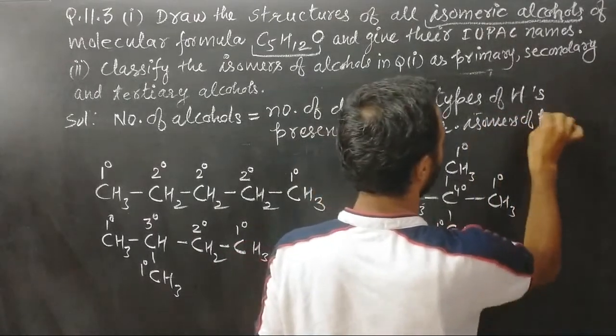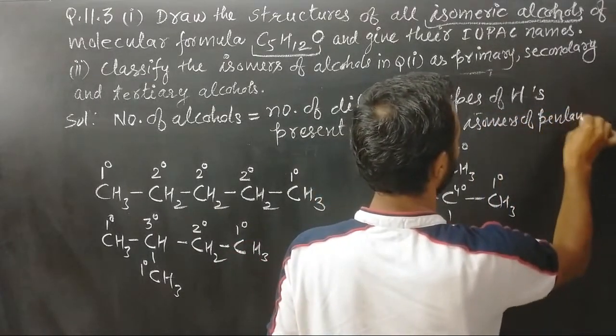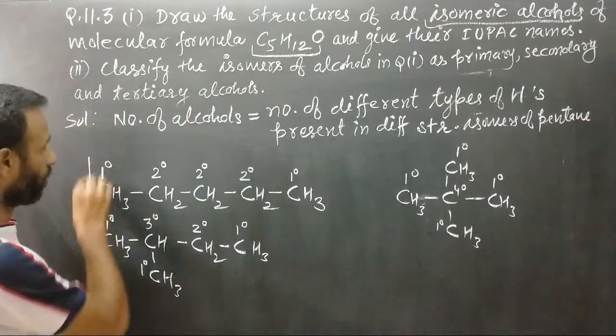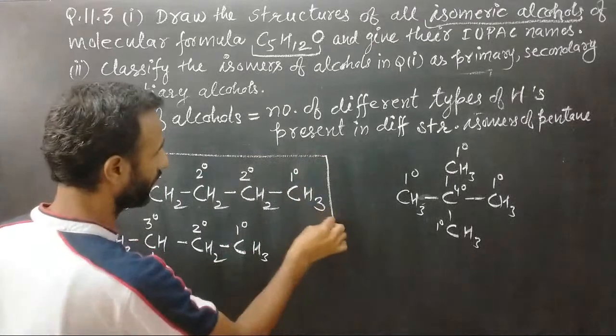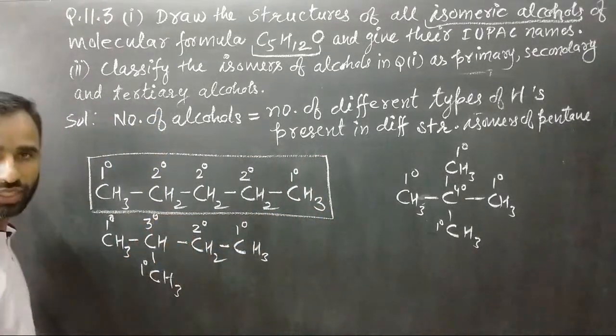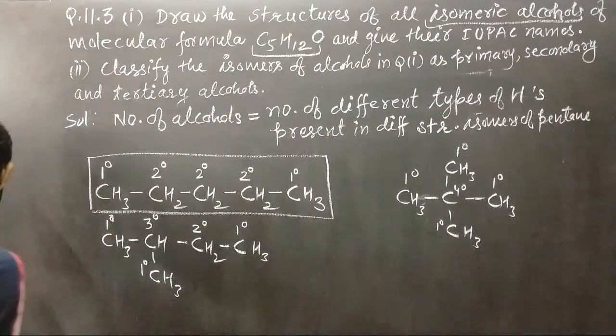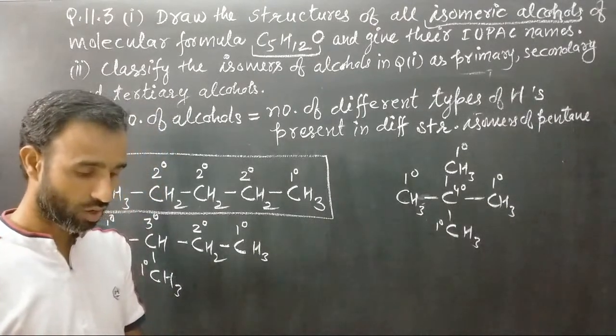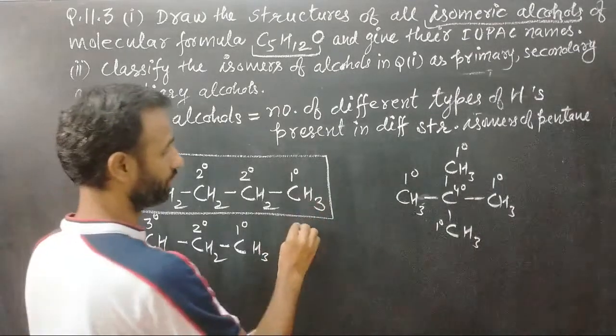So now tell me, how many types of hydrogens are present in normal pentane? This is normal pentane. How many types of hydrogens are present in this case?